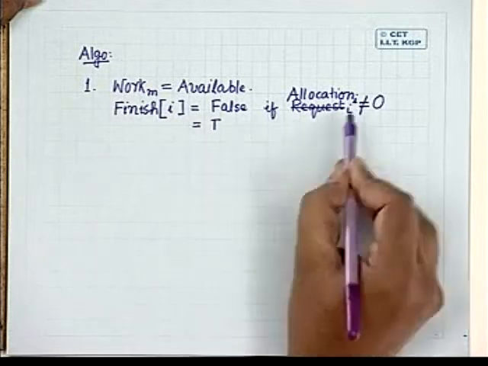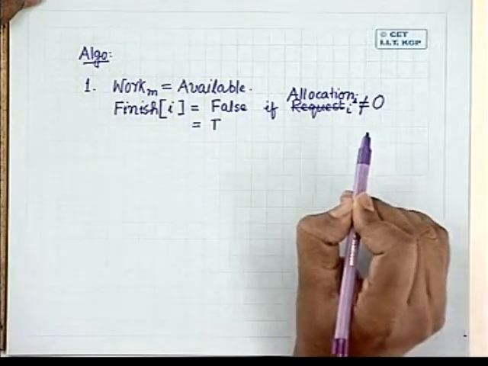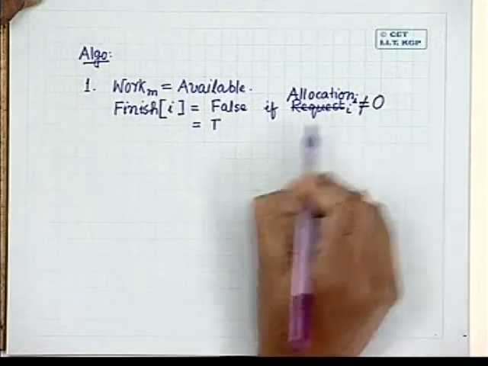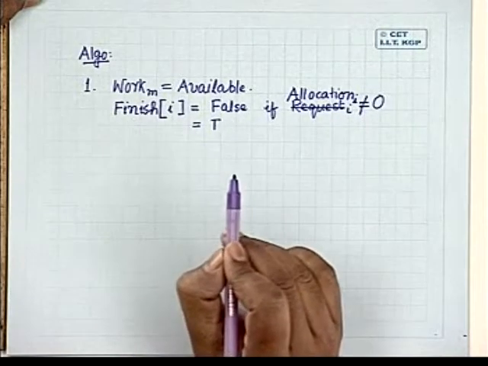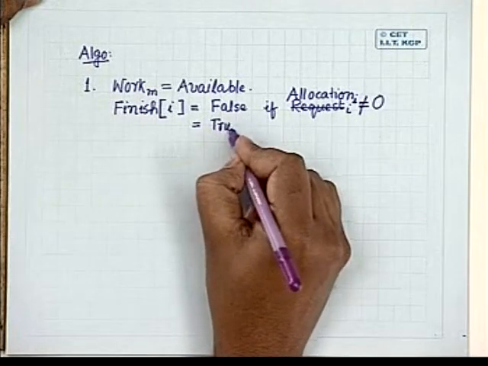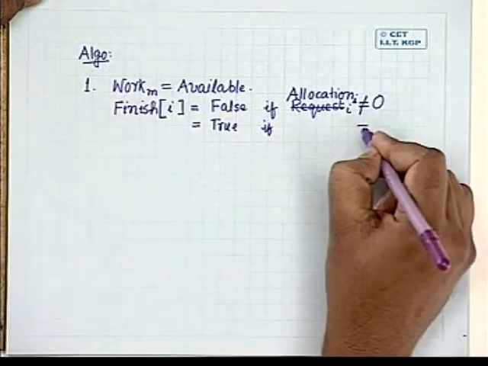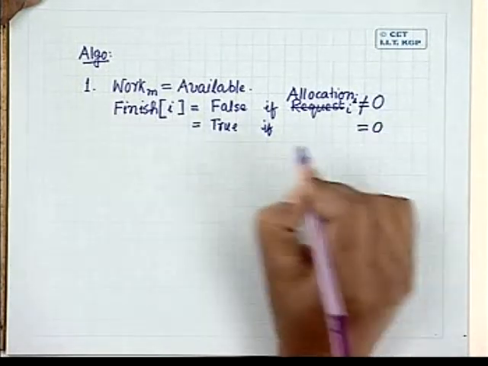Okay. That means if there are some resources which are allocated to process Pi, in that case Finish[i] will be equal to false. Okay. And Finish[i] will be equal to true if Allocation i is equal to 0.